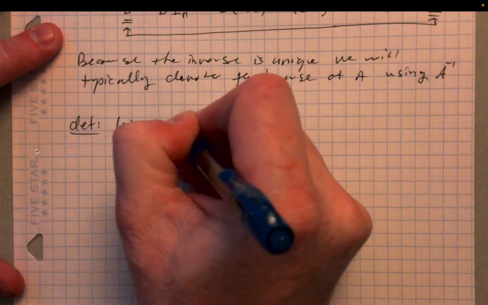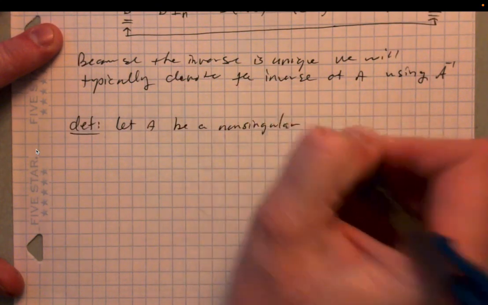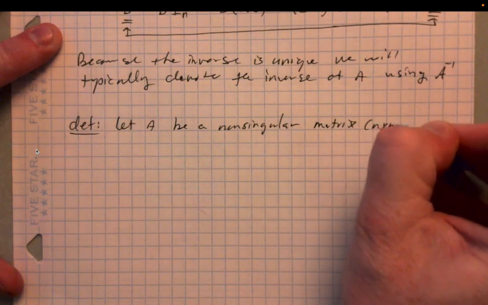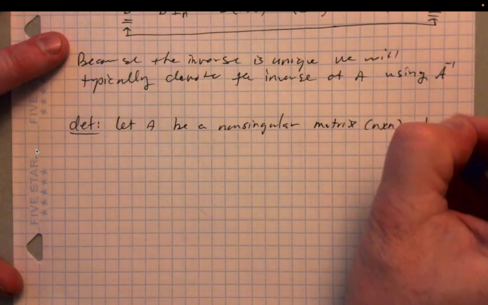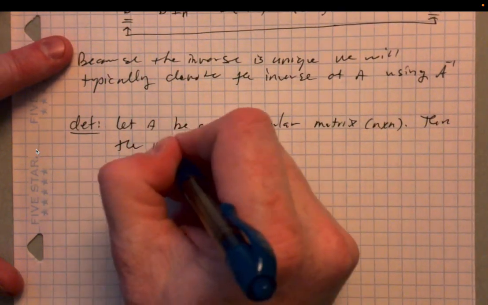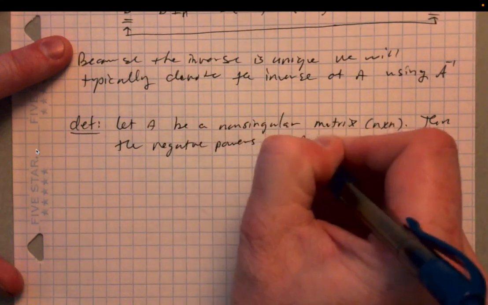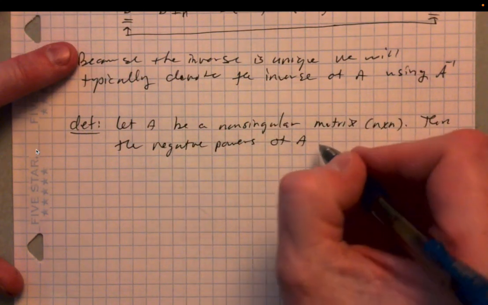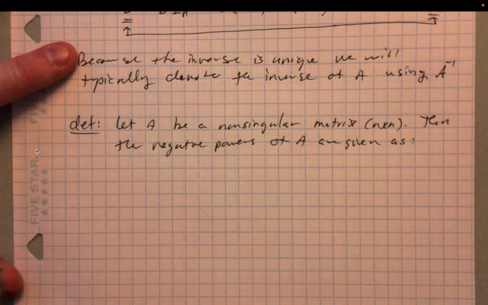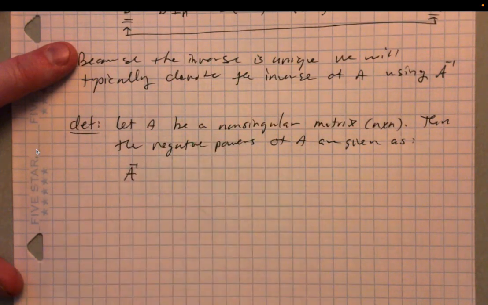So let A be a non-singular n by n matrix. Then the negative powers of A are given as follows.